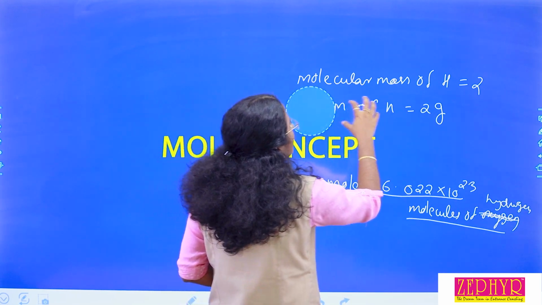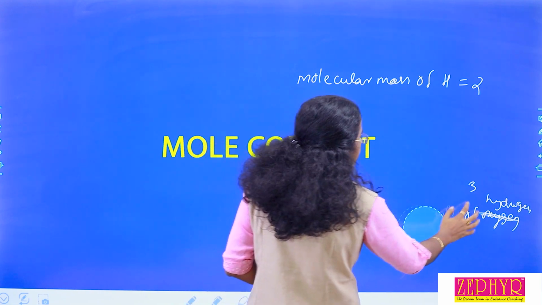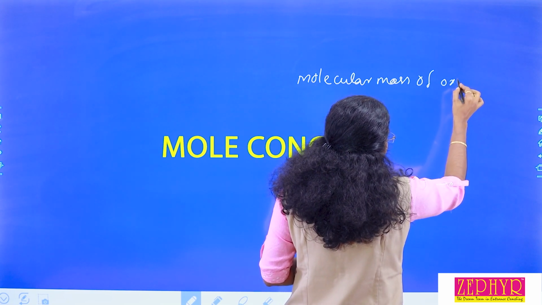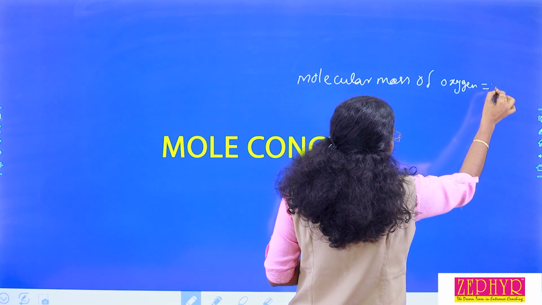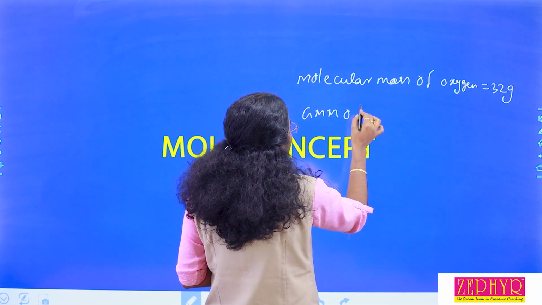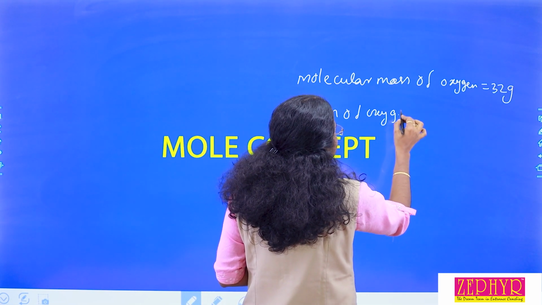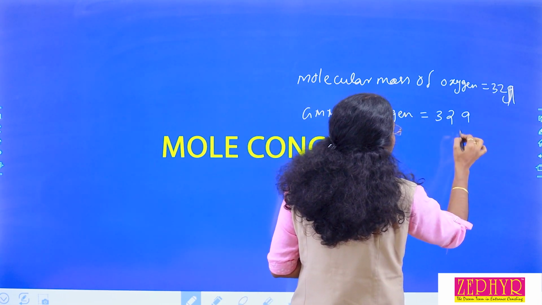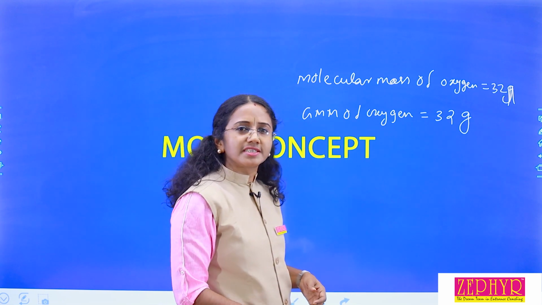Then one more. What is the molecular mass of oxygen? That is 32. What about the GMM of oxygen? GMM of oxygen is 32 gram.